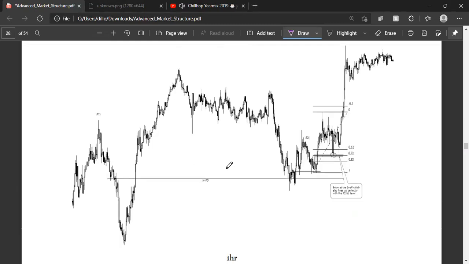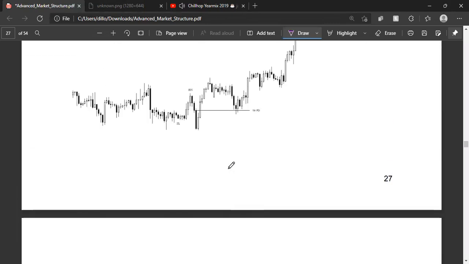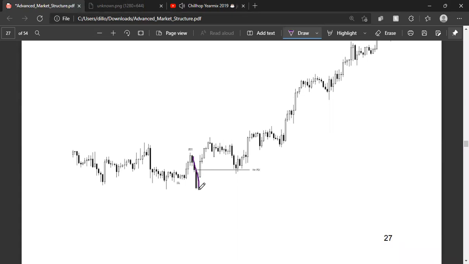So here's one of my favorite setups right here. I always talk about it: stop hunt, break of structure, and return to point of interest.